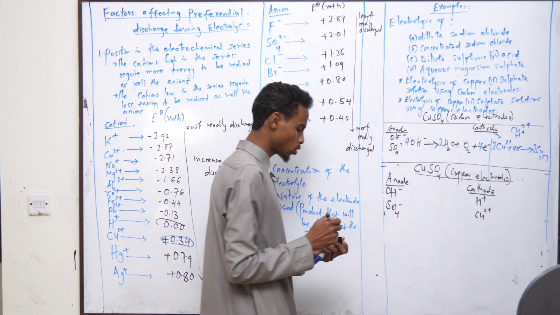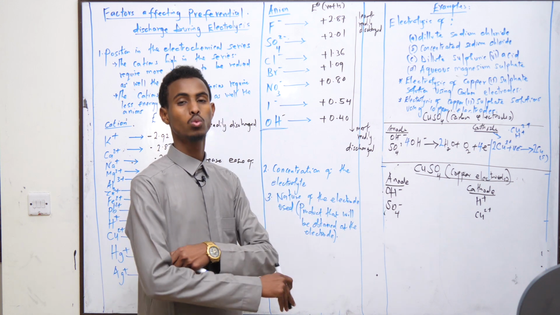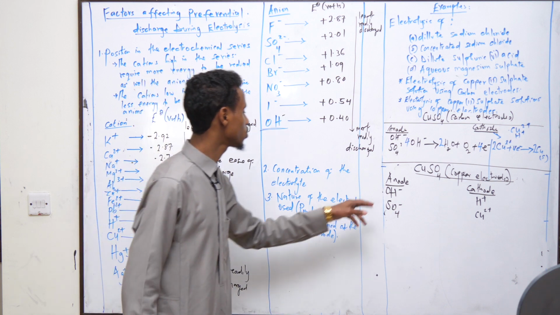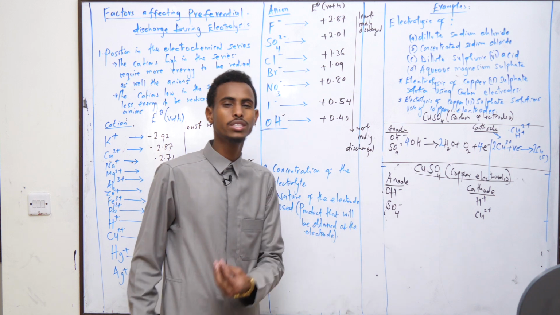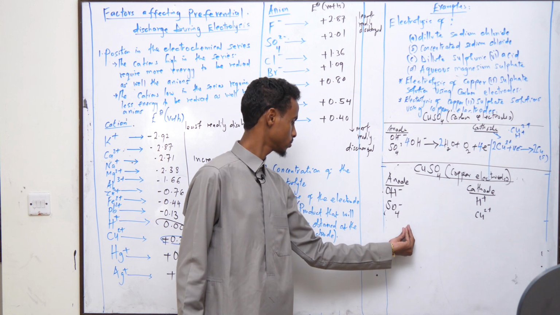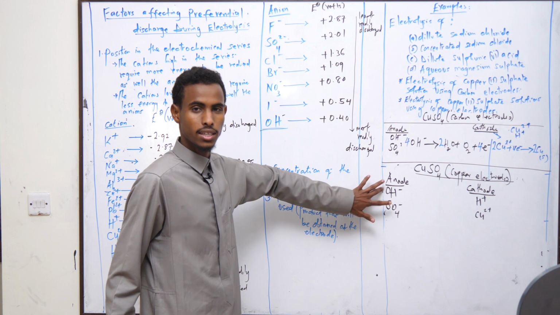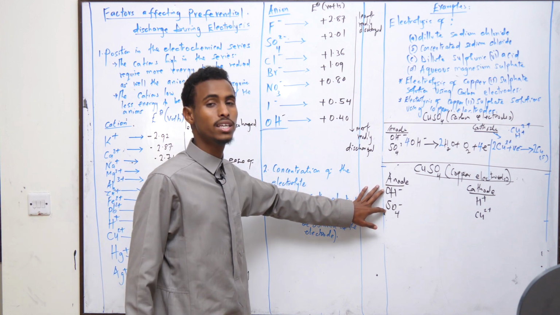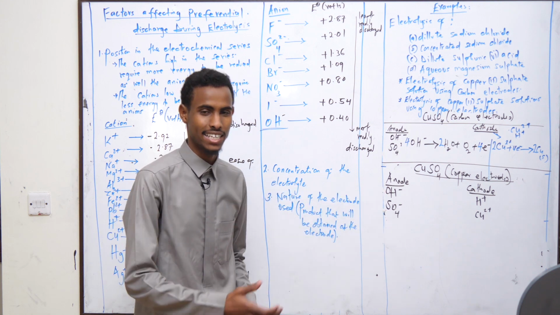Now, at the anode, none of the hydroxide and the sulfate will be discharged. Instead, the copper electrode, or the copper anode, undergoes oxidation and enters into the solution as copper 2 ions. Very key point. Both the hydroxide and the sulfate move to the anode, the positive electrode, and none of them gets discharged.